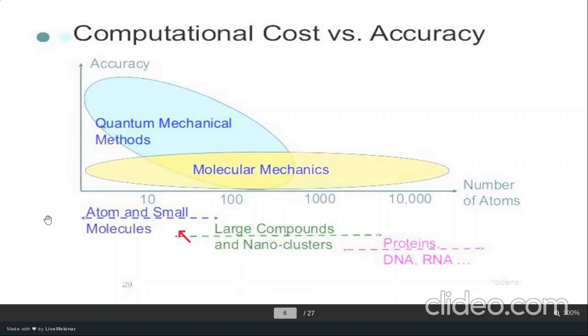After this, from 100 to about 10,000 atoms, the large compounds and nanocrystals are handled by molecular mechanics, but the accuracy for these types of clusters is a little lower. And after 10,000, we come to proteins, DNA, and RNA.